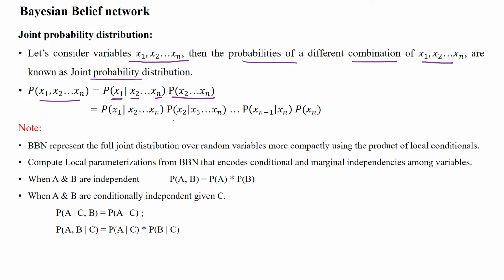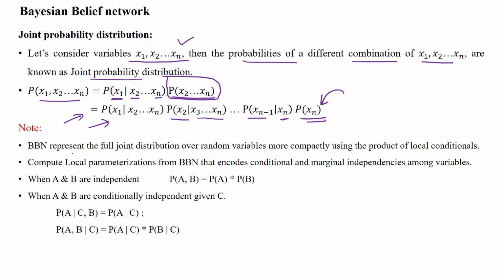Like that, this term can be represented by the probability of x2 given x3 to xn, then so on, up to the probability of xn-1 given xn, and finally the probability of the last feature. So we can represent the joint probability distribution for n features in this equation.